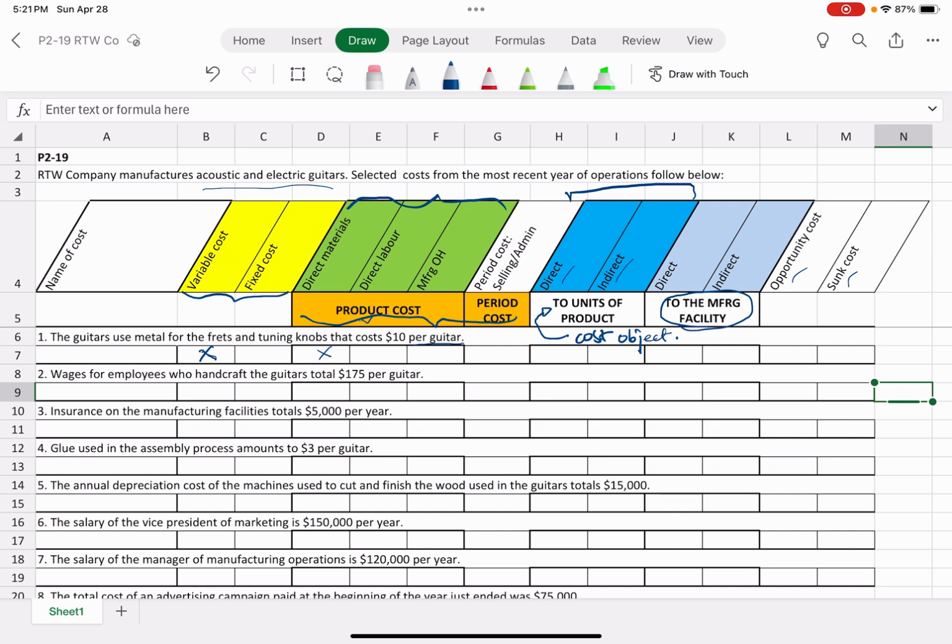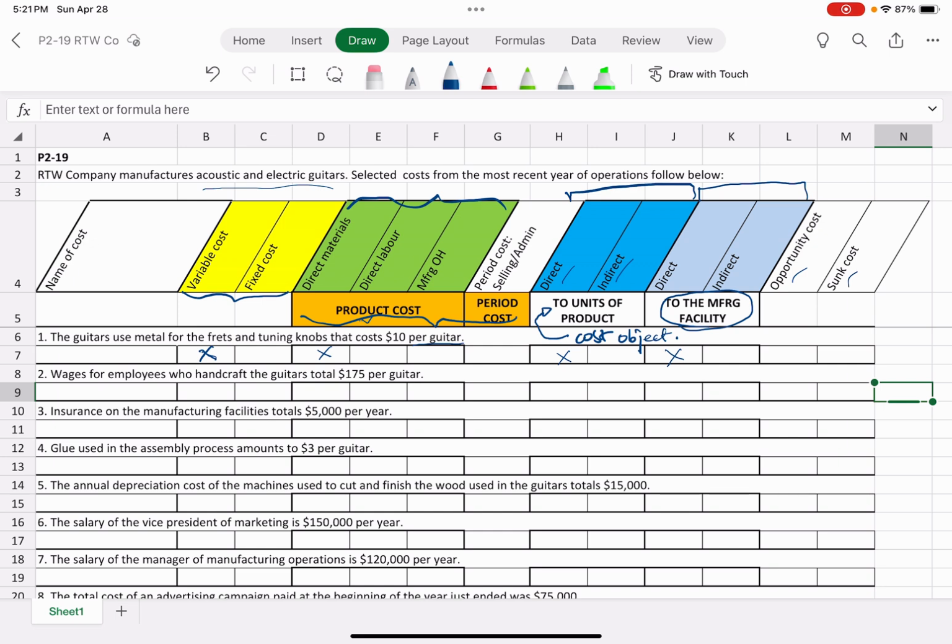Well, because we can tie that metal to each individual guitar, that's a direct cost of the product. And from the manufacturing facility's perspective, is that directly related to the operations of the manufacturing facility? Yes, so it's a direct cost of the manufacturing facility.